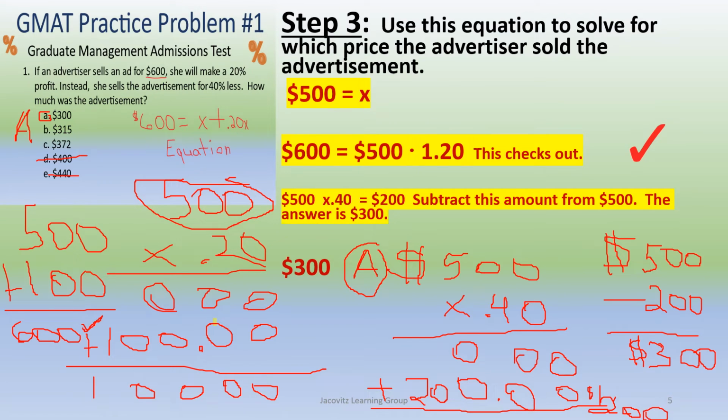Make sure that you see what she does, and you have to do both parts, starting from 600 to make sure you know what actually was the amount, which was 500, and then it's multiplied by 40%, 0.40, which is going to give you 200 here, then you subtract that from 500 to get 300. If you did 500 divided by 60, because you know that's the opposite of 40, you could also get 300 that way too.